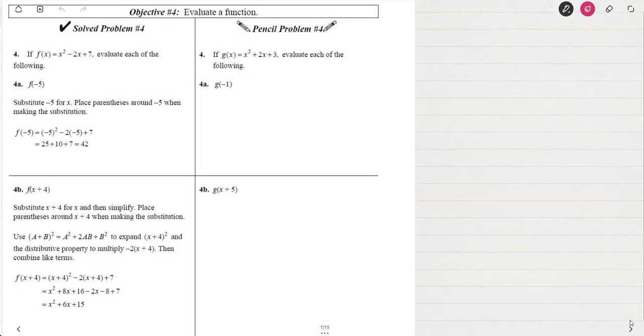If g of x is x squared plus 2x plus 3, evaluate g of negative 1. Here's what I'm going to encourage you to do for each of these. Number one, for each example, as you're doing this for practice, I would encourage you to write the function. Now, I know it seems maybe a little redundant for me to be writing it on this example because I have the function on the same page, but you are usually doing an example without the problem already printed on your page.